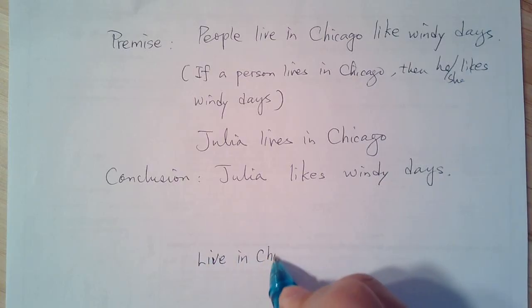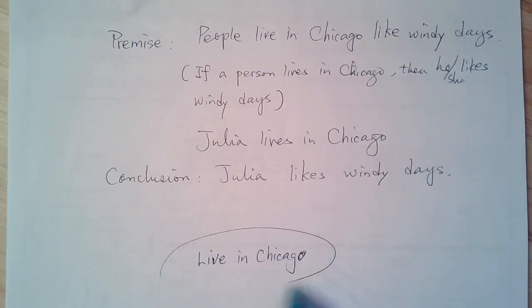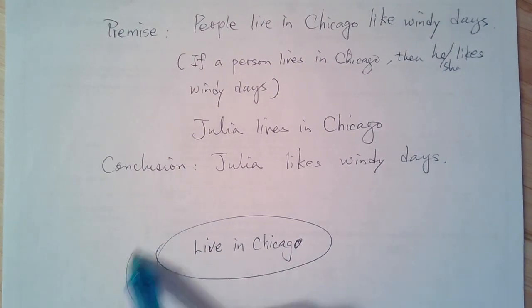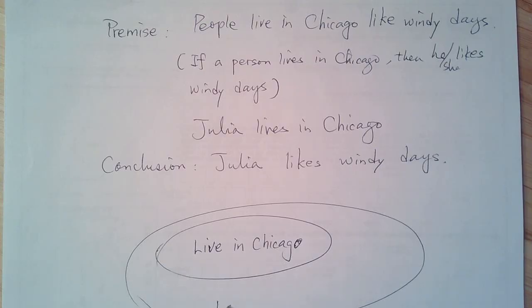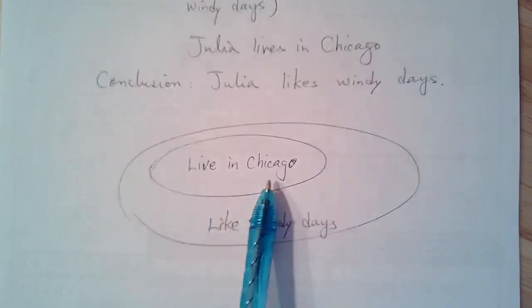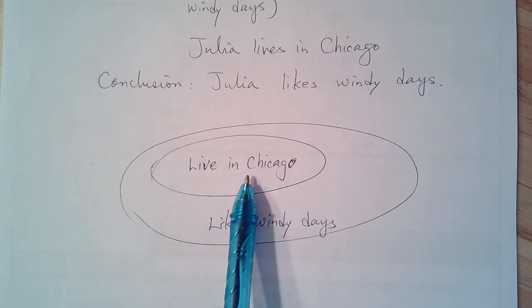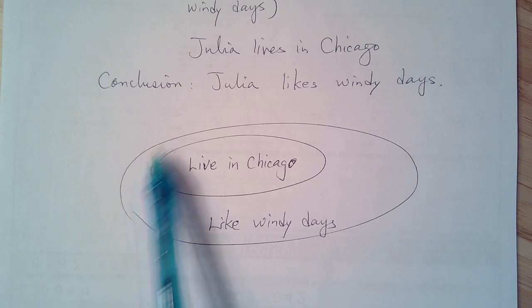Chicago. Likes windy days. Okay, so this Venn diagram shows everybody who lives in Chicago likes windy days, right? Because people who live in Chicago are a subset of this big set.